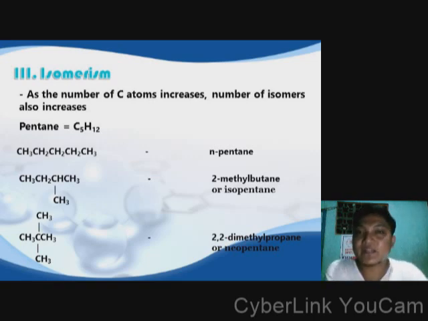Okay? C5H12. Okay. The first isomer is your 2-methylbutane or your isopentane. Diba? Naintindihan nyo? Okay, so 2-methylbutane or isopentane.